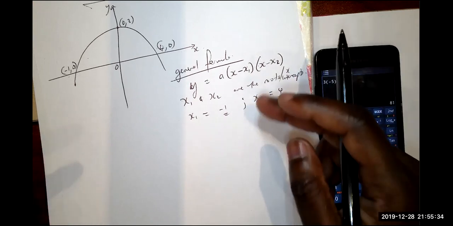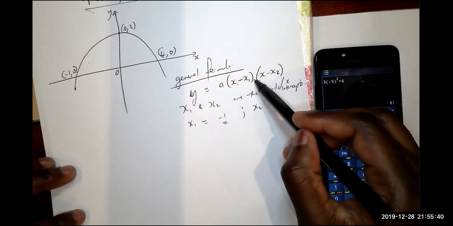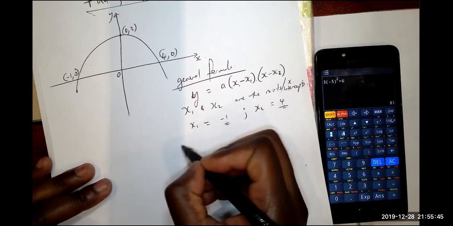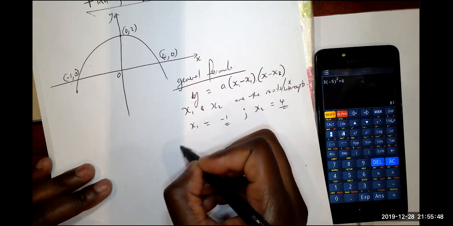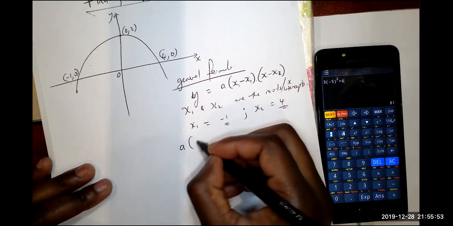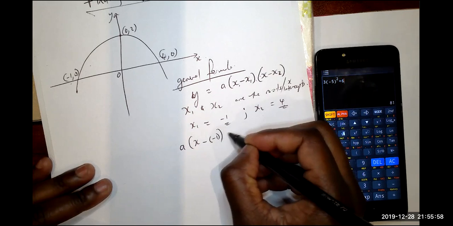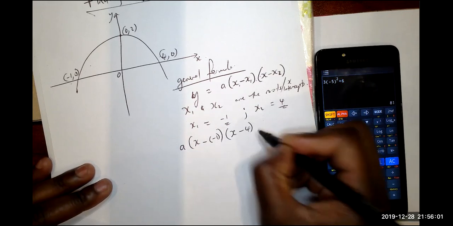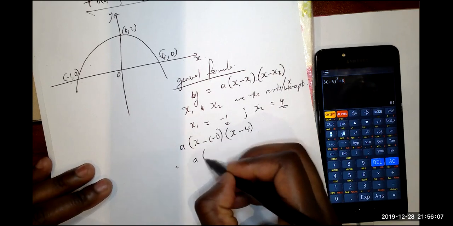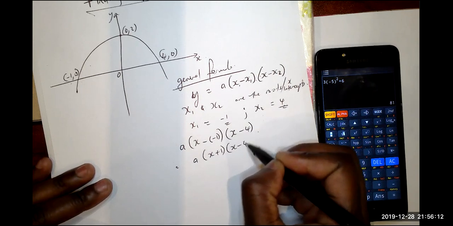And now we want to find the equation. So what must you do? Use the formula that we have here. So let's see what we're going to do now. It's going to be a(x + 1)(x - 4).